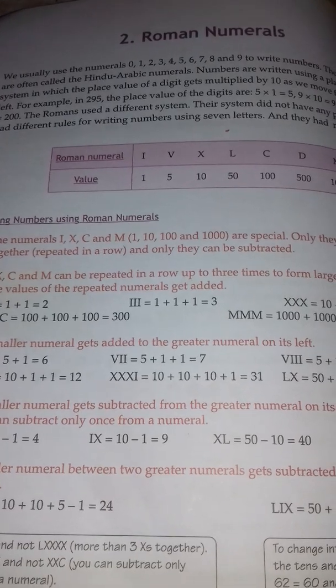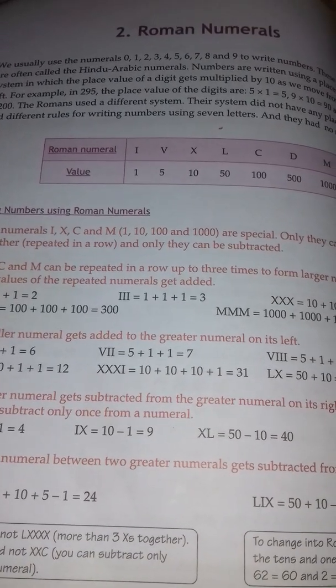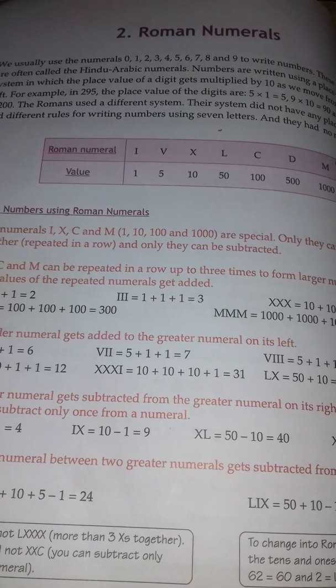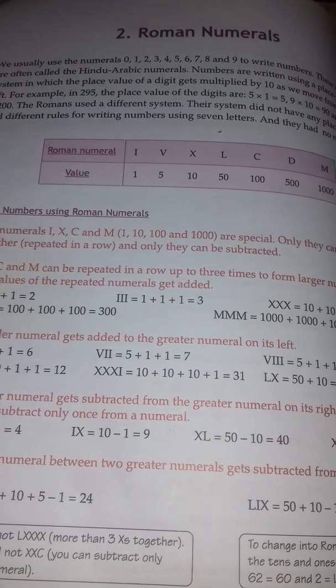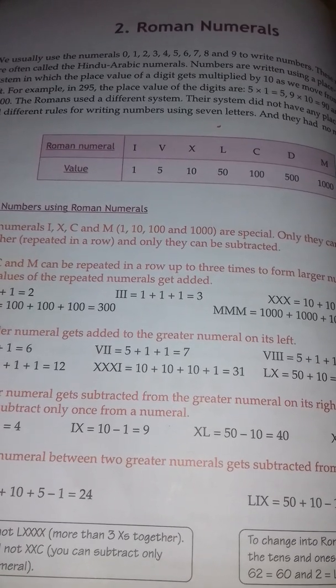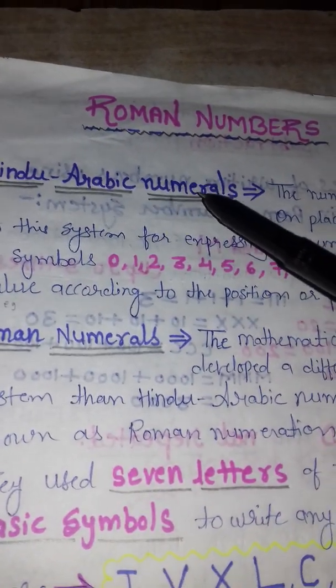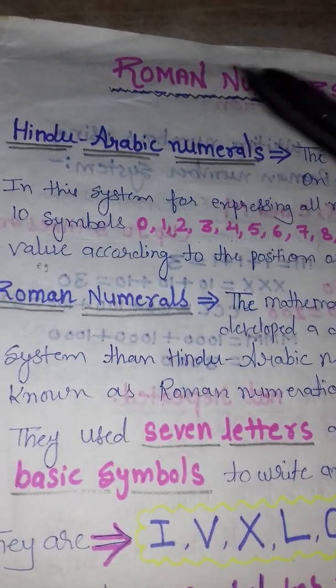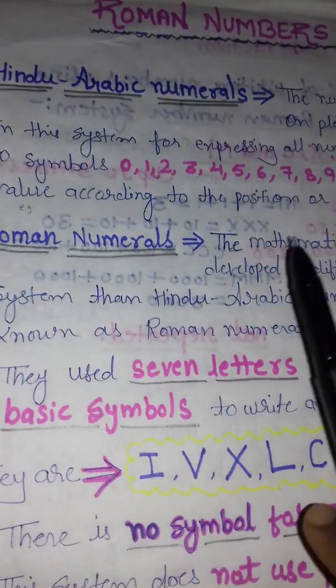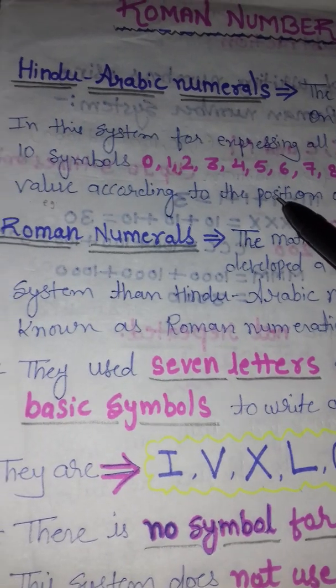Hello students, in my last video I explained Unit 2, Roman numerals. In that I explained what the Hindu-Arabic number system is, what its origin is, and what numbers we use in it.